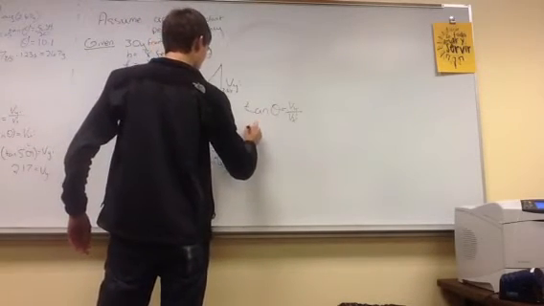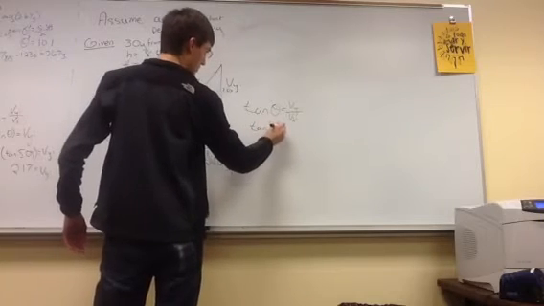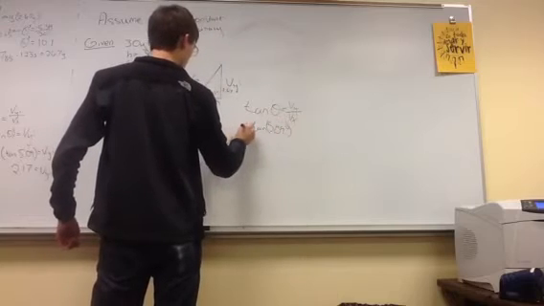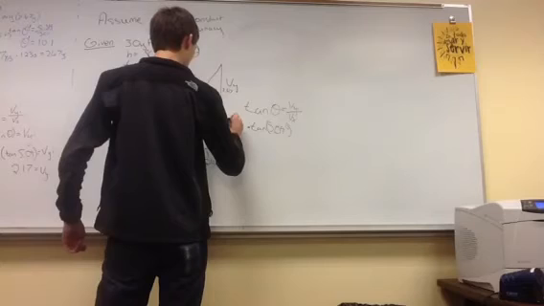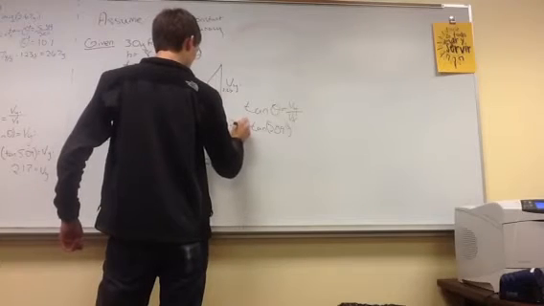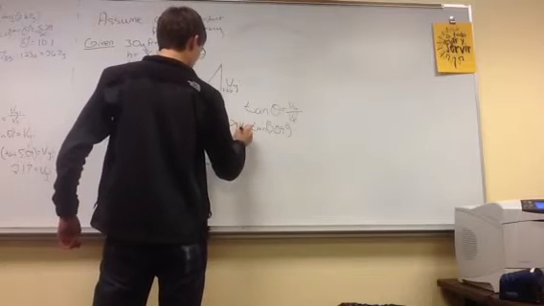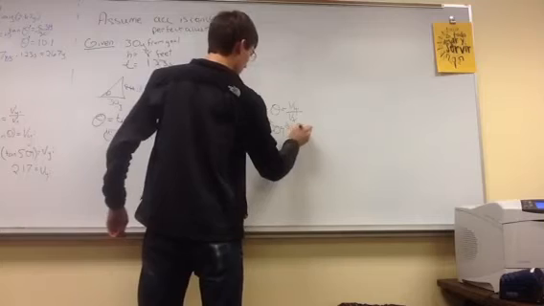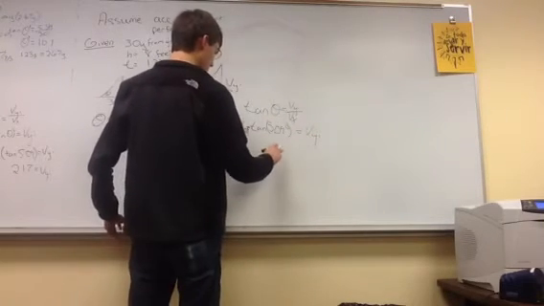Ergo, 24.4 times tangent 5.09 degrees. Therefore, our vyi is equal to 2.17 yards per second.